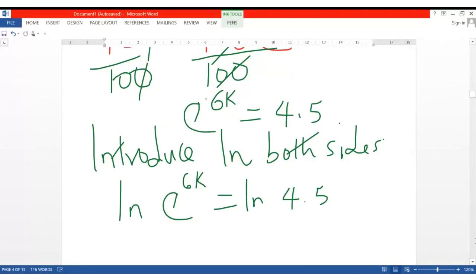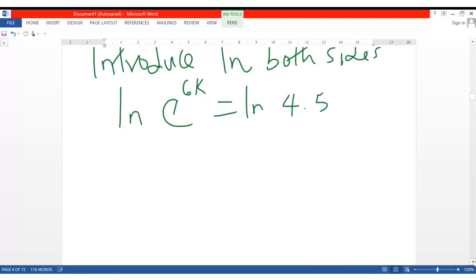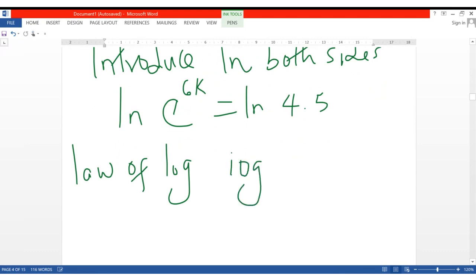Now there's a law of logarithm that I hope you'll remember. There's a law that says that when you have the log of a raised to power m, this is the same as m log a.